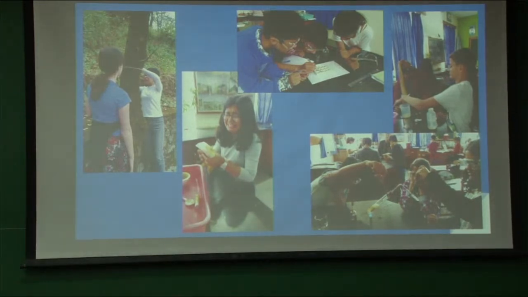That's a reactivity series, testing different metals to see how reactive they are, seeing if they change color. And this was looking at variation, measuring trees and seeing which side of the tree had more moss or lichen, and which side of the tree had more branches on it, and things like that. Next, please.